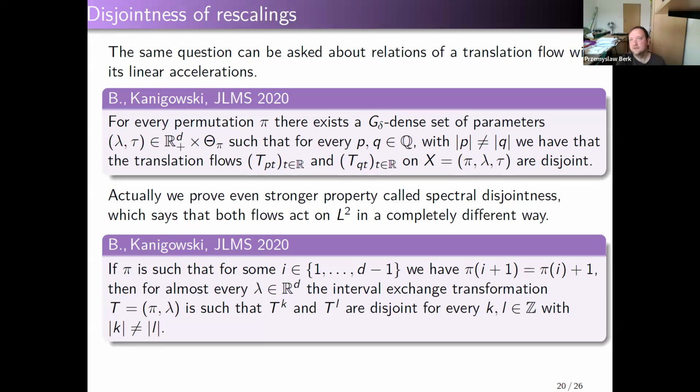If you're familiar with the notion of spectral disjointness, then this is what we proved.